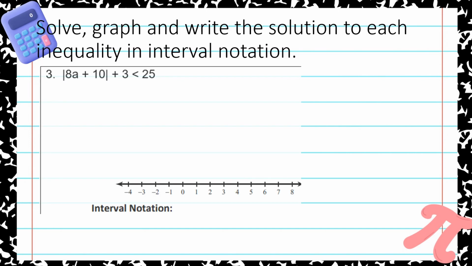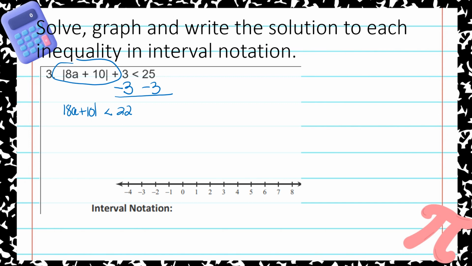Let's take a look at a couple examples. Okay. If I look at this first example, I don't have the absolute value symbols by themselves. So here they are, they're not by themselves. So I need to get rid of that 3 by subtracting 3. When I do that, I'm going to get the absolute value of 8a plus 10 less than 22.